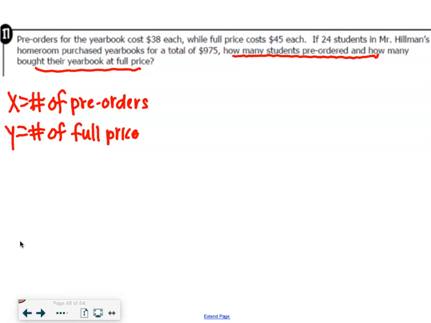Okay, so now let's go back up and see what our 2 equations could be. So we're told the price up here, pre-orders are $38 and full price are $45. That's great, but that's not helping me so much right now. But then we're told Mr. Hellman's class has 24 total students that are purchasing a yearbook. So I know X, the number of pre-orders, plus the full price orders has to be a total of 24.